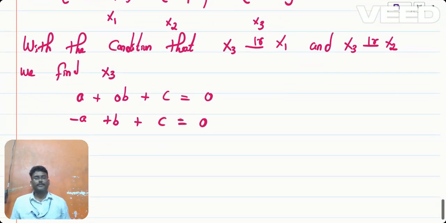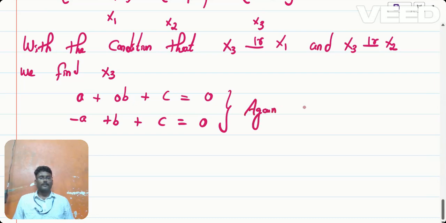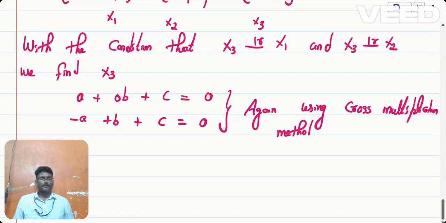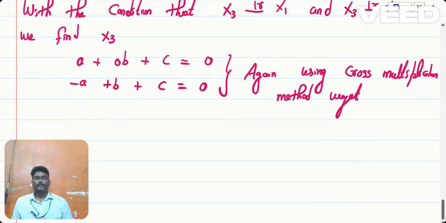So again using the cross multiplication method, we get 0 1 1 1 1 minus 1 0 1.